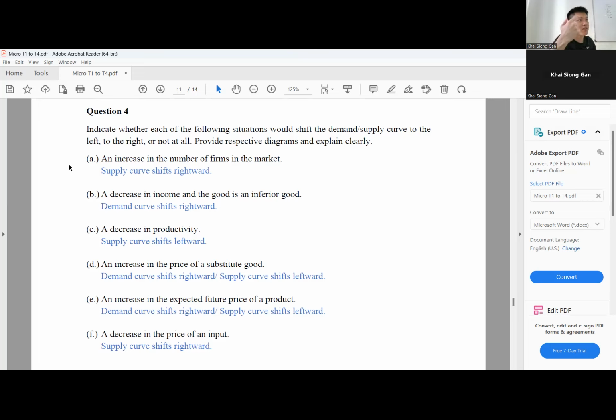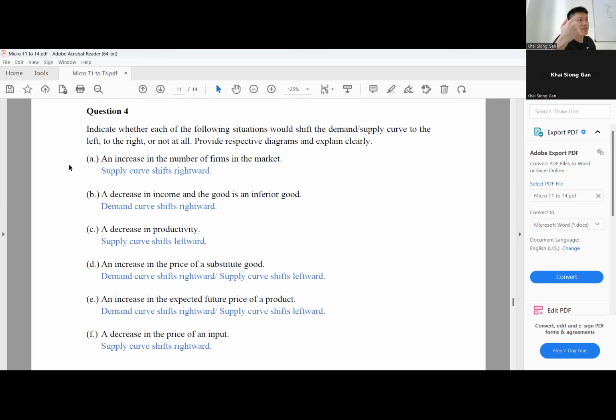Second one, a rise in income tax. Income tax affects consumers. So a rise in income tax will reduce your purchasing power or reduce your disposable income. So you are not able to consume as much as before. So demand shifts leftwards.